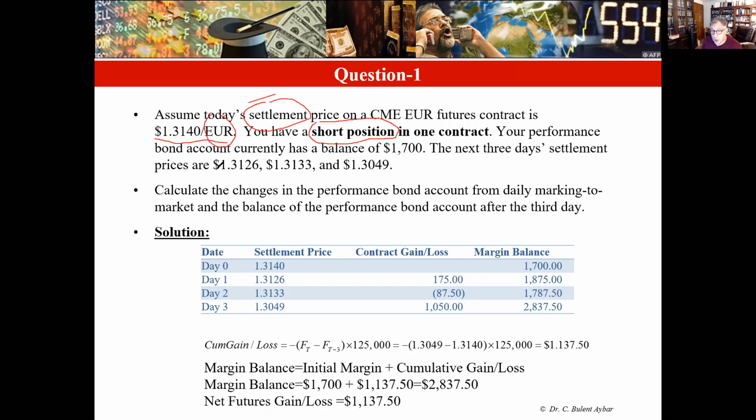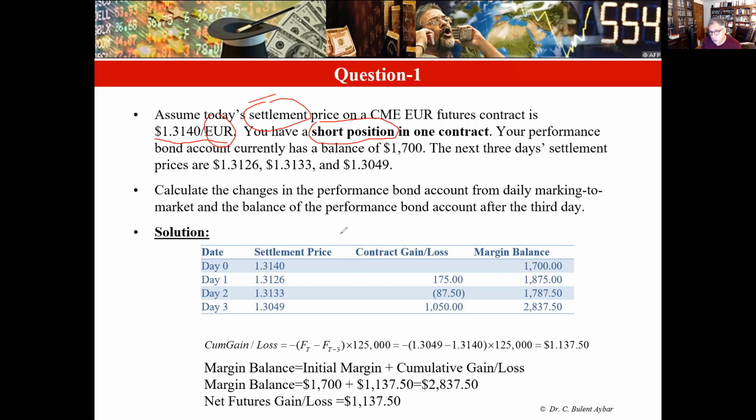Another important concept here is the performance bond account. In futures contracts, all traders, whether they are buyers or sellers, have to deposit a collateral in order to be able to trade the contract. In this particular case, in our exchange account, we have $1,700 collateral.